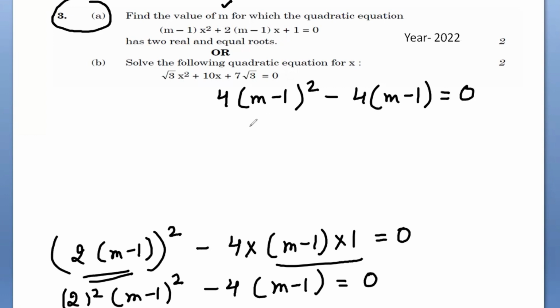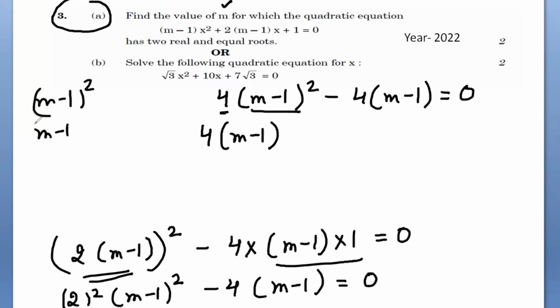Now we need to take common terms from here. I can take 4 common, and m minus 1 common from m minus 1 square, because m minus 1 square means m minus 1 into m minus 1. Then what will be left if I take one m minus 1 common from it? Another m minus 1 will be left. Minus, here I have taken 4 common and m minus 1 common.